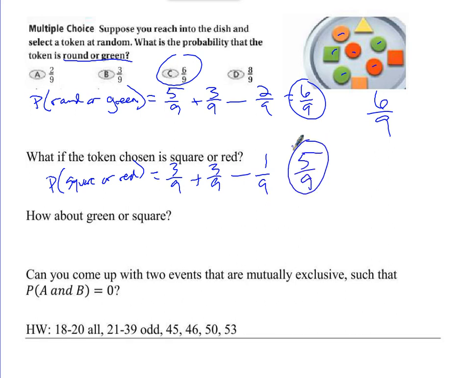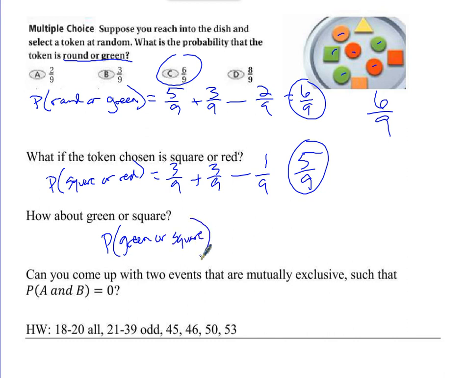Again, because it's a very small amount of tokens, we can probably do this pretty quickly. Square or red, I have 1 square, 2 squares, 3 squares, and then I have 2 other red things for a total of 5 out of 9. Same answer. What about green or square? So the probability of green or square.